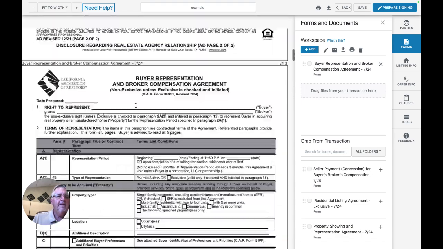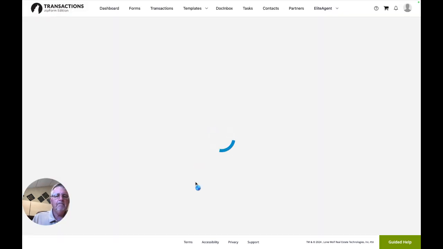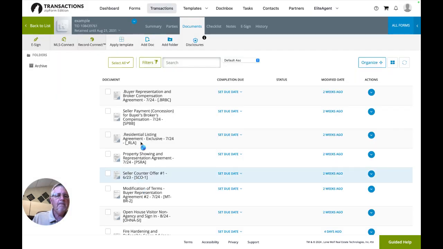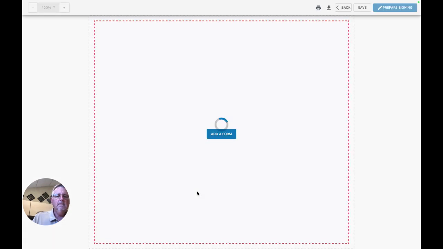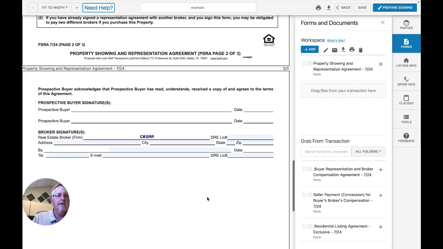One thing that I would be concerned with is that on the PSRA, in that particular case, the PSRA does not have the same double lines on this.